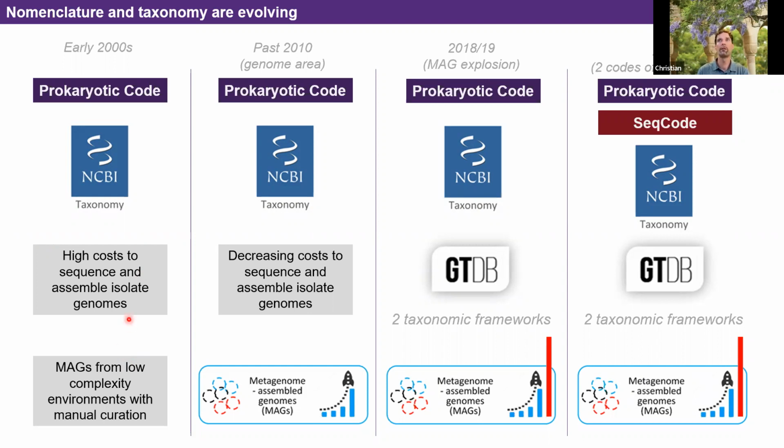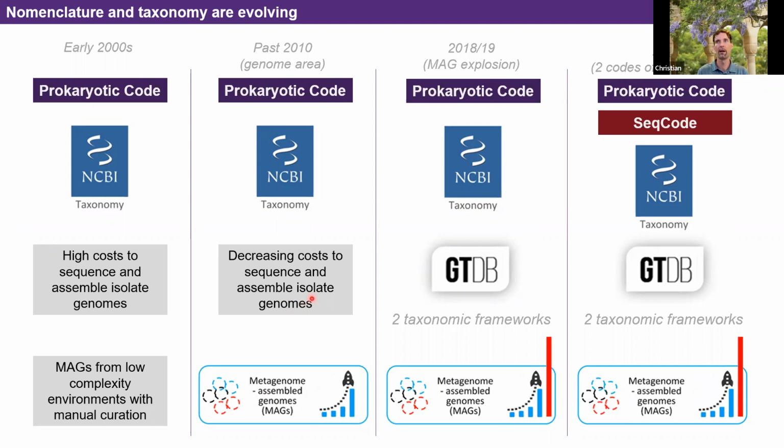Now, that changed over the years. If we switch to 2010 here, some people also call this the start of the genome era. The main reason for that is that a large number of metagenome-assembled genomes, MAGs, became available, mainly because the costs for sequencing and also the assembly time decreased quite significantly, and that allowed studies to come up with large sets of MAGs.